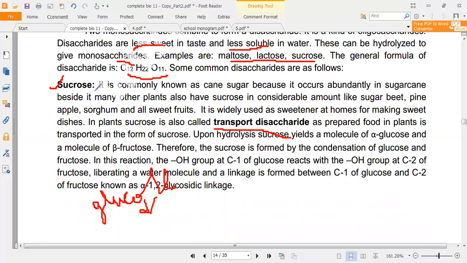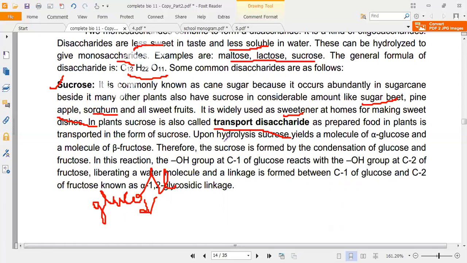It is transported from the leaves to other parts, like the roots, fruits, and vegetables, in the form of sucrose. Sucrose is present in considerable amounts in sugar beet, pineapple, sorghum, and all sweet fruits. It is widely used as a sweetener at home for making sweet dishes as well. Sucrose is abundantly found in plants.